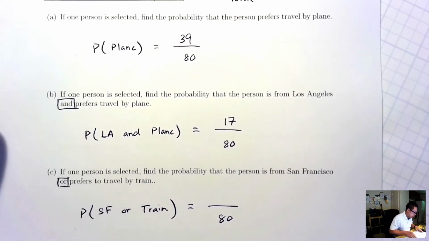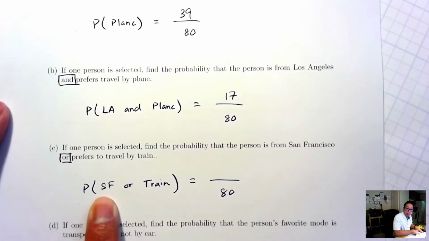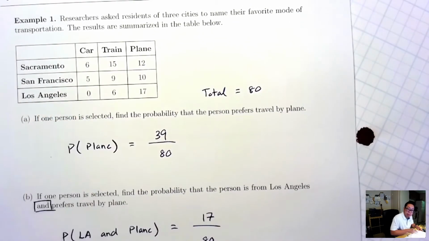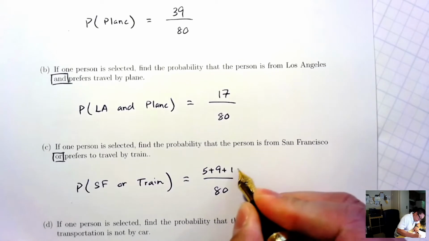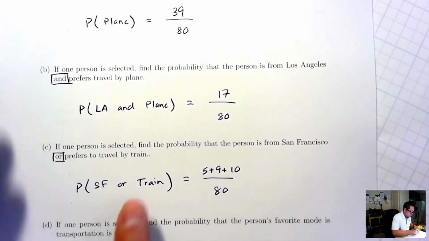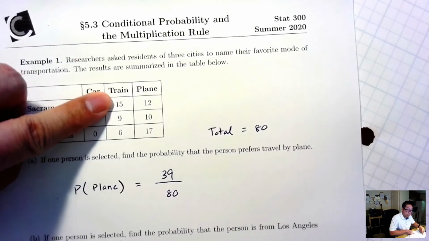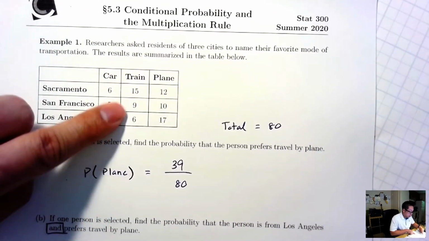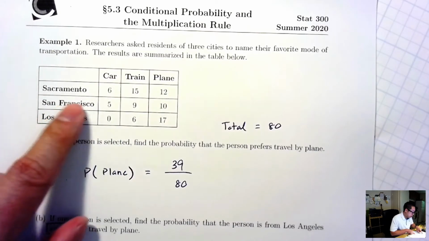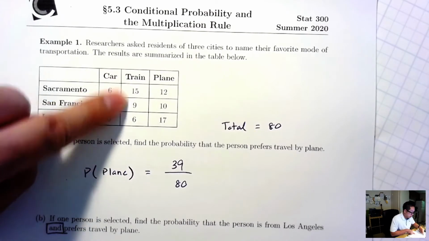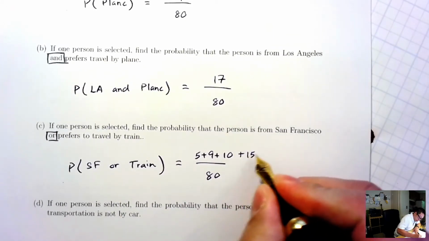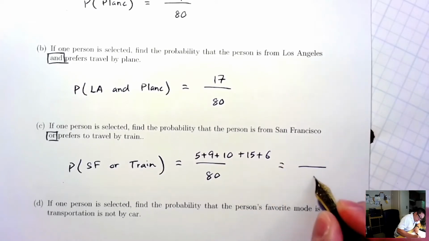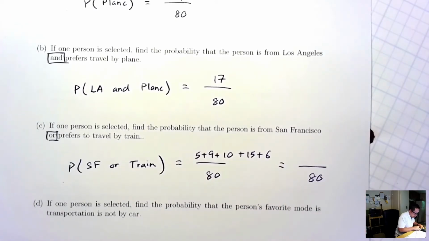What we did in section 5.2 was take all my SF numbers, which are 5, 9, and 10. And then I'm also going to include my train numbers, which are 15, 9, and 6. But I'm not going to count the 9 again because I already got it when I counted the San Francisco numbers. So I just need 15 and 6. So 5, 9, 10, 15, and 6, that's 45.